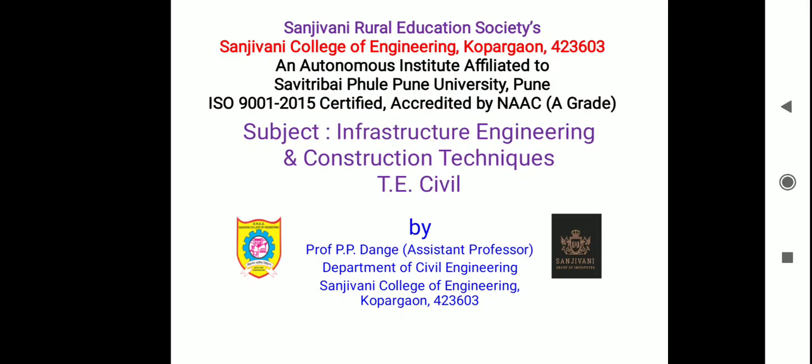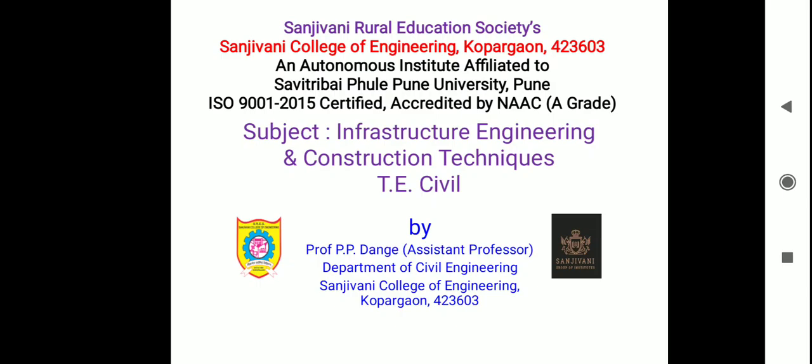From the last few lectures we had started with unit number 6, that is earth moving equipment. Under that we had seen the various earth moving equipment like bulldozer, clamshell, dragline and power shovel.